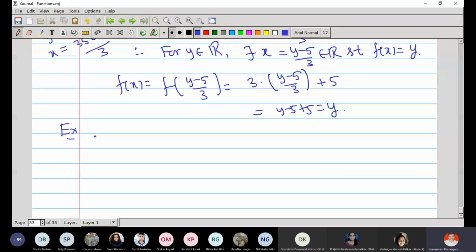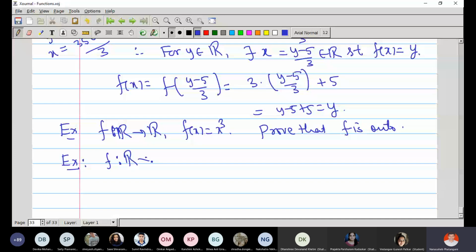If I define f from R to R, f of x is equal to x cube, prove that f is onto. So you check this, it is onto. If I define f from R to R, f of x is equal to x square plus 2x plus 3, what is the range of f?